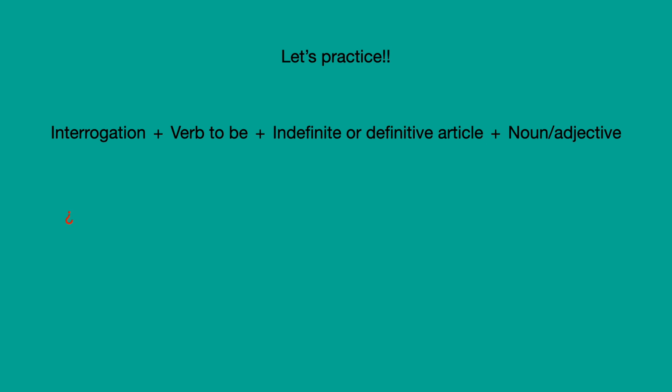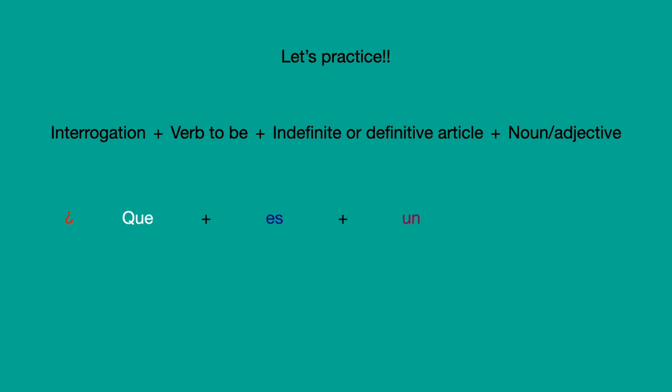So here's what I mean. We are going to start with the exclamation mark at the beginning. You don't have to do it. Then we are going to select the interrogation word. In this case, I'm going to pick qué. Plus, we are going to use the verb to be. In my case, I'm going to use the third person of the singular, which is es. Then we are going to use an indefinite or definite article, un or la, or el or los.